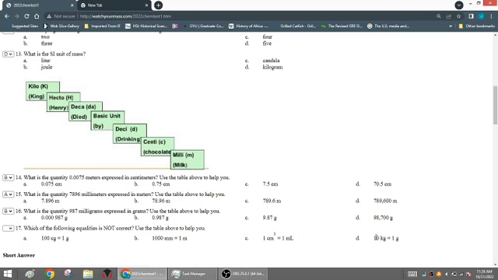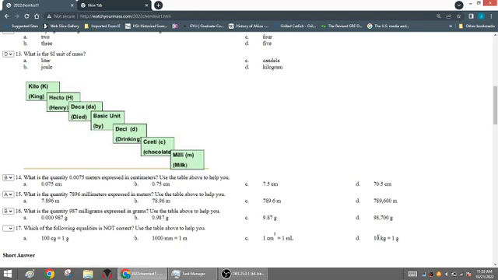And finally, we get to 10 kilograms and 1 gram. If we were to put 1 gram here as the base unit and walk our way up to kilograms, 1 gram, moving the decimal over 1, 2, 3. So how many kilograms is 1 gram?